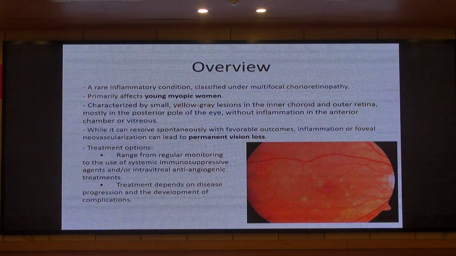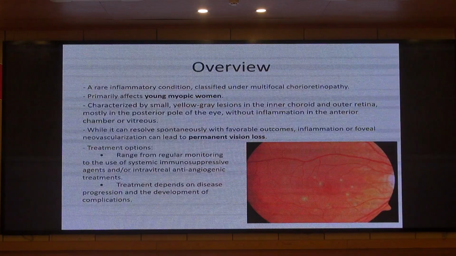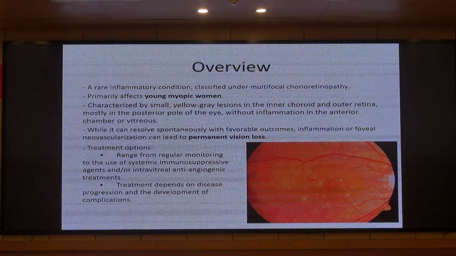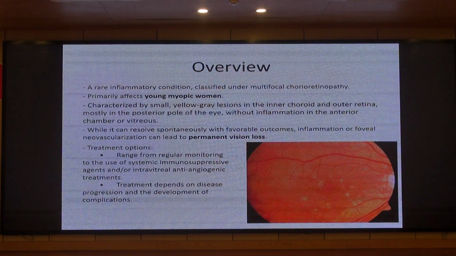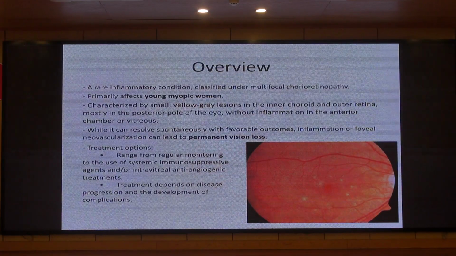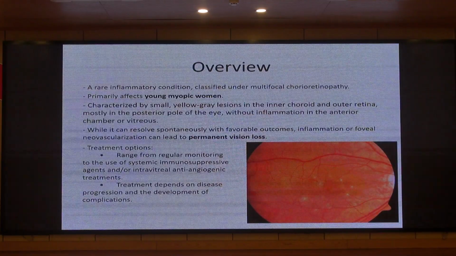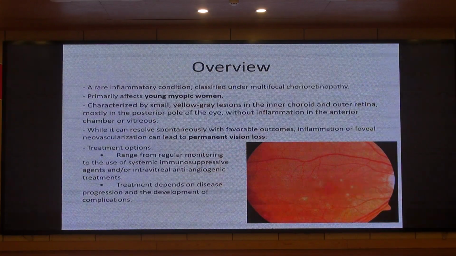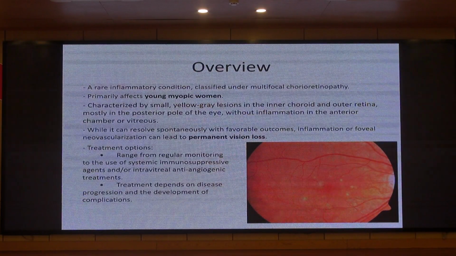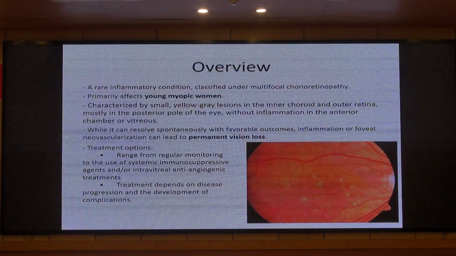While it can resolve spontaneously with favorable outcomes, inflammation or further neovascularization can lead to permanent vision loss. Regarding treatment, options range from regular monitoring to systemic immunosuppressive agents and or intravitreal anti-angiogenic treatment. Treatment depends on disease progression and the development of complications.